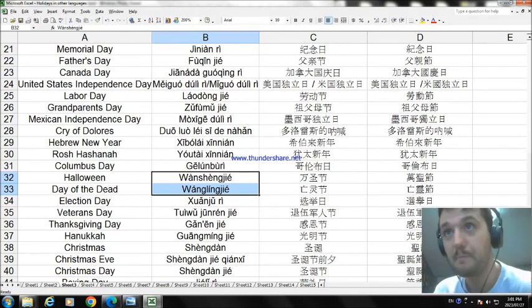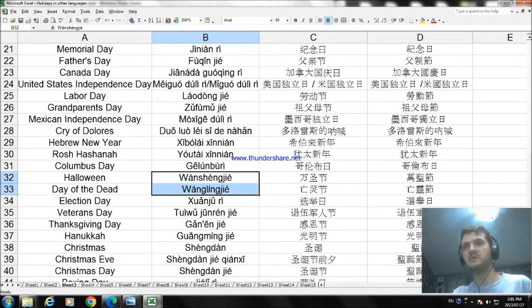But look, guys, can you see that this has a different tone than this? That's how you can tell. I know in Mandarin it's pretty easy to get the tones mixed up.